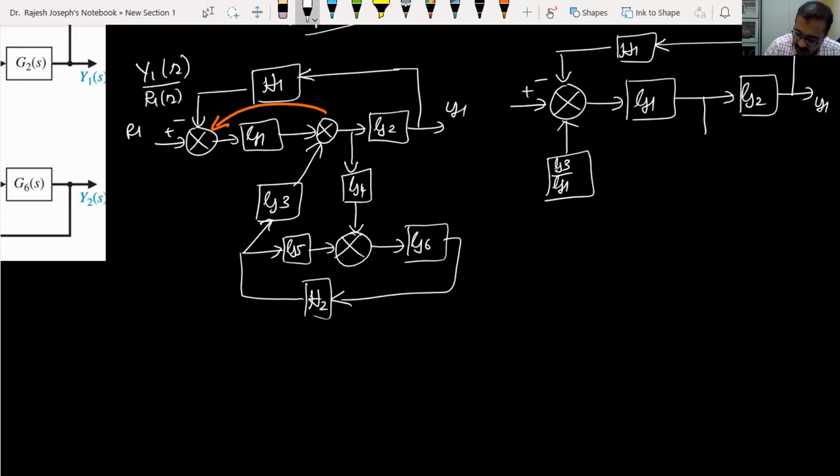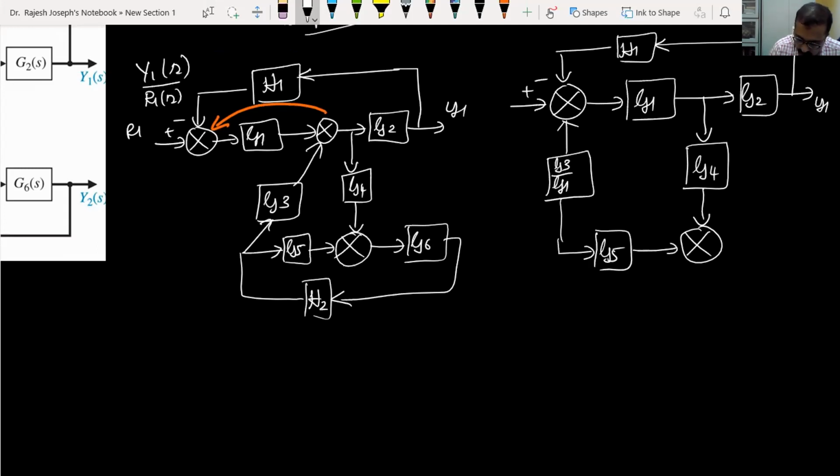From here we have G4, which is coming to a summing point. This is coming like this from G5. This is H2, coming from G6.